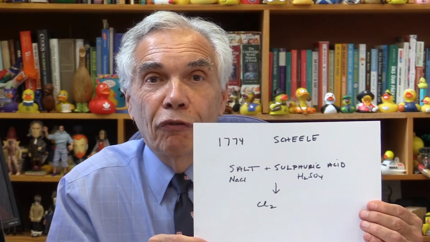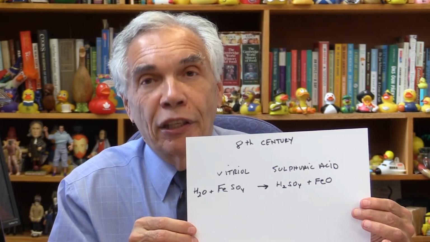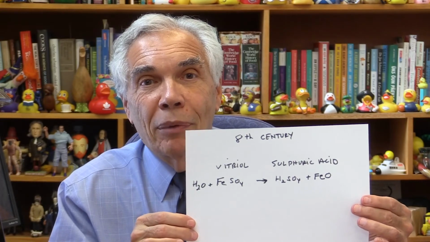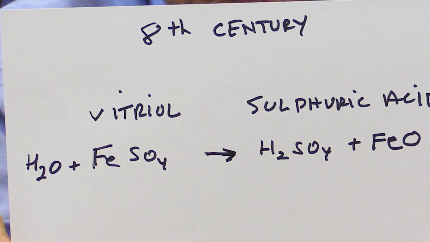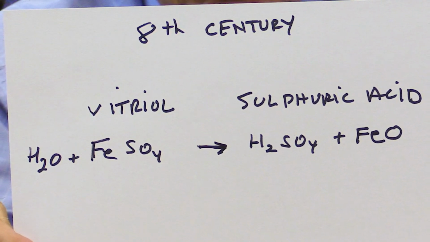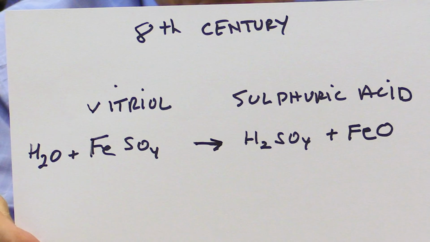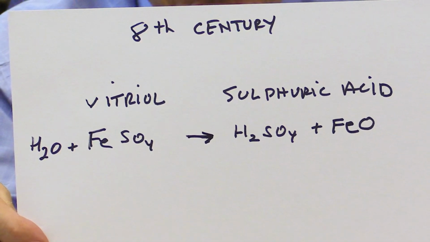But what about the sulfuric acid? For that, we go back to about the 8th century, when the alchemist Ibn Sayyah found that if you took vitriol, which is a mineral, actually iron sulfate, and you heated that up with water, you got sulfuric acid.